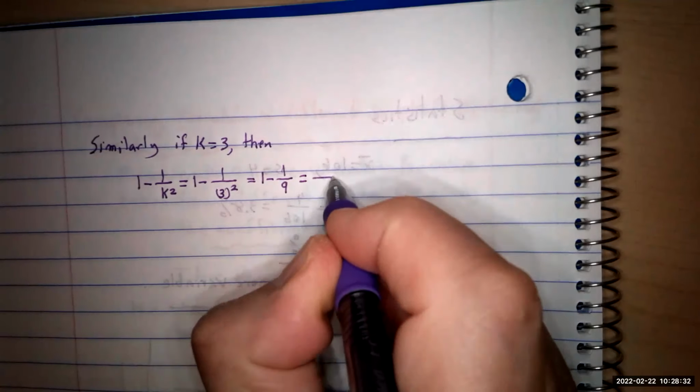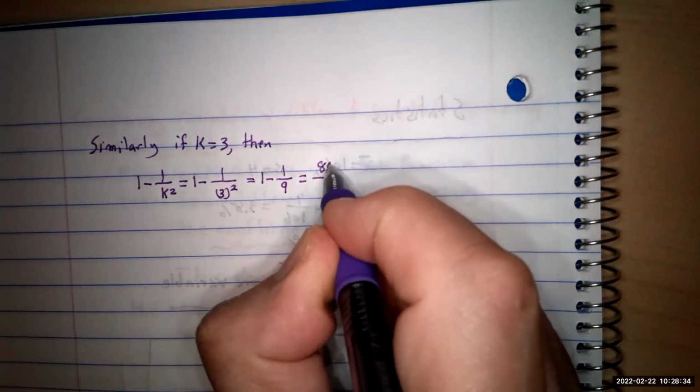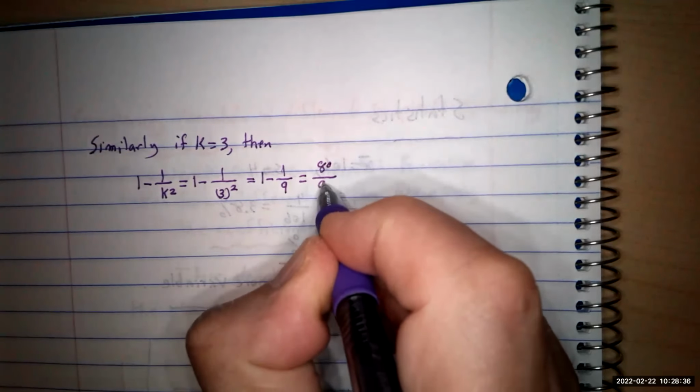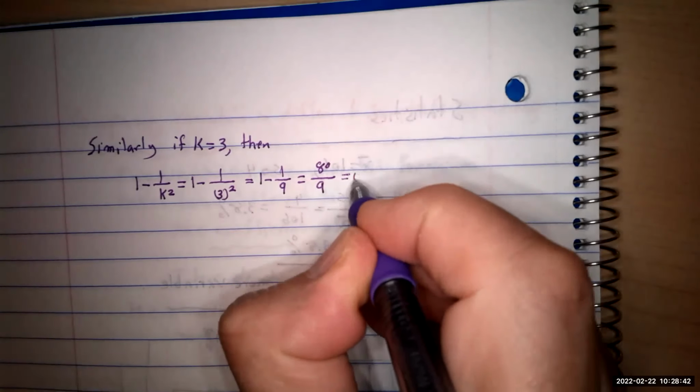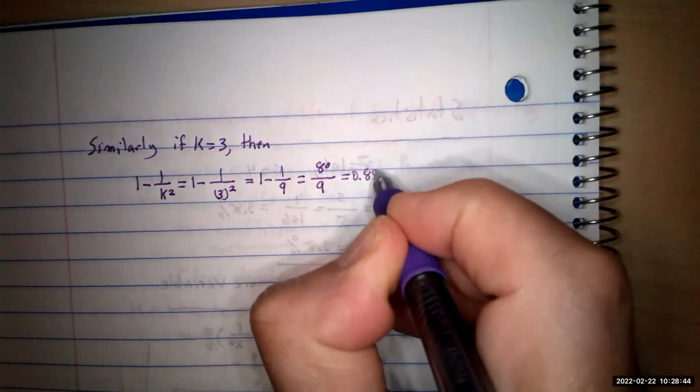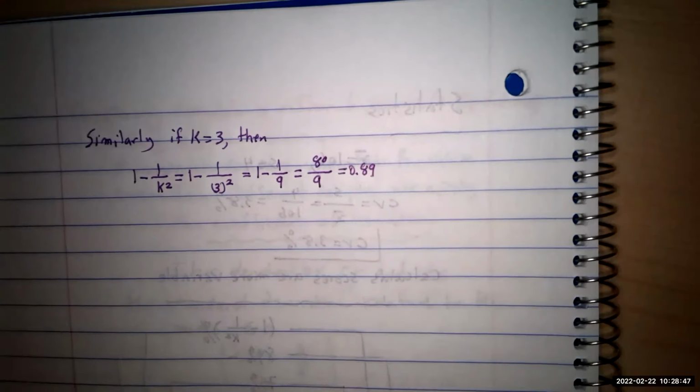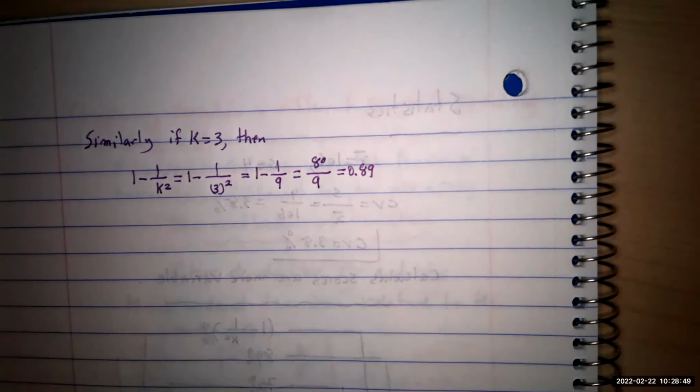You know that this would be 8/9, and 8/9 is almost 0.89, which is 89%. So it's not exactly 89, it's almost 89.